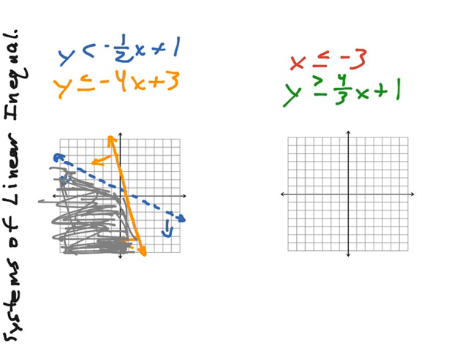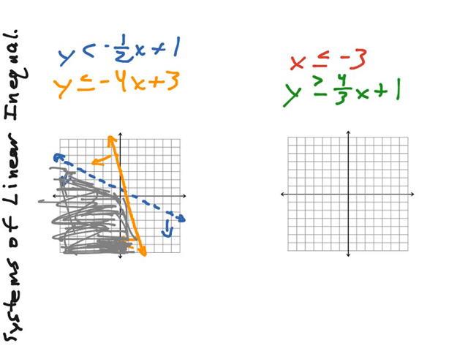So we're graphing each line individually. If you have multiple colors you can use for your graphs, please feel free to do so and look for that overlap. Otherwise, emphasizing the overlap by shading only that part is very useful for helping people visualize what's going on.